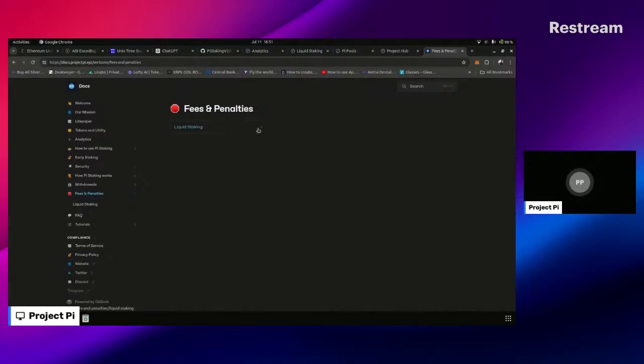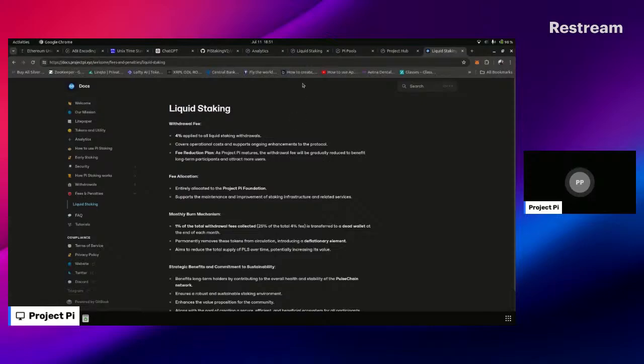There's a few extra things that I have to add into the documentation, like the burn that I just mentioned for PPY. But for the liquid staking section, the withdrawal fee will basically be that 4% applied to all liquid staking withdrawals. So, just assuring that it's a fair system, minimal withdrawals as far as fees wise. It covers the operational costs.